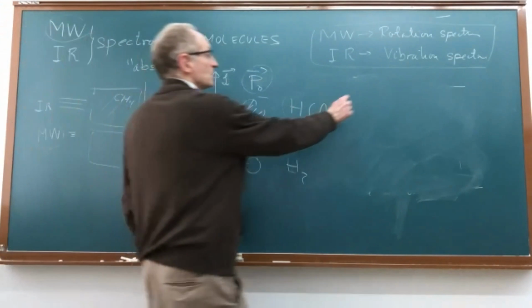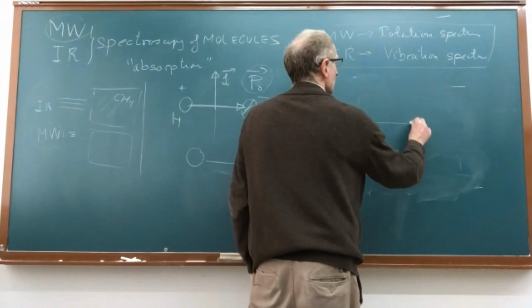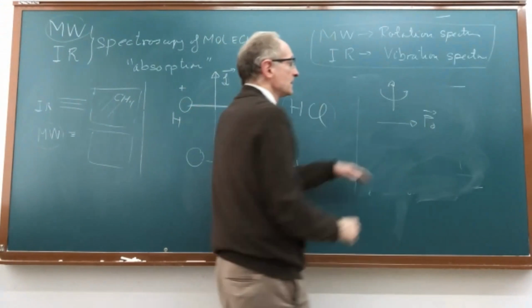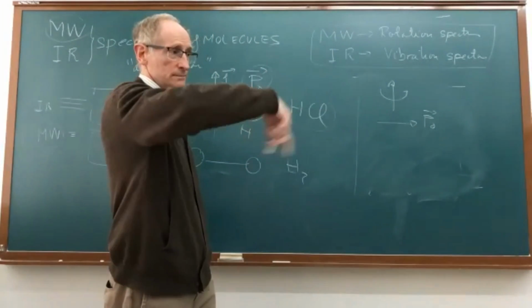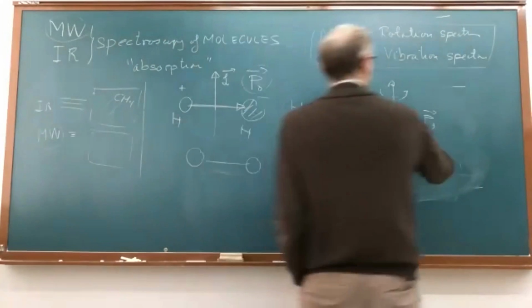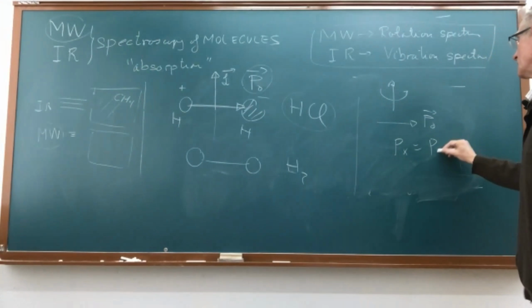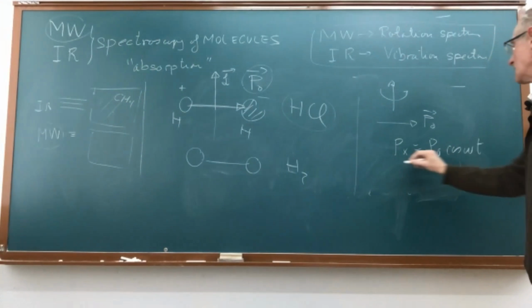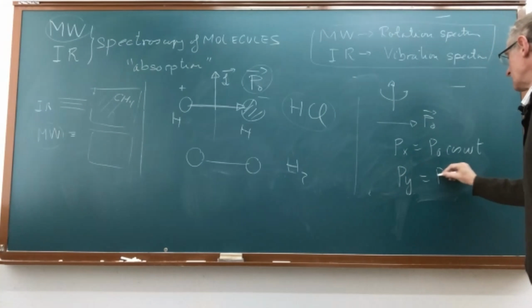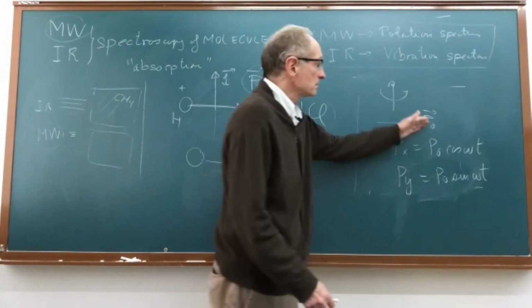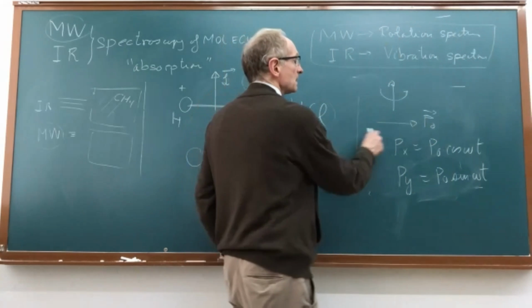Classically, the picture is very simple. I have some P0. If the molecule is rotating, this P0 is rotating. So if this is rotating, it has two components. Let's see, Px equals P0 cosine omega t, and Py equals P0 sine omega t. So it means that I have oscillating dipoles.